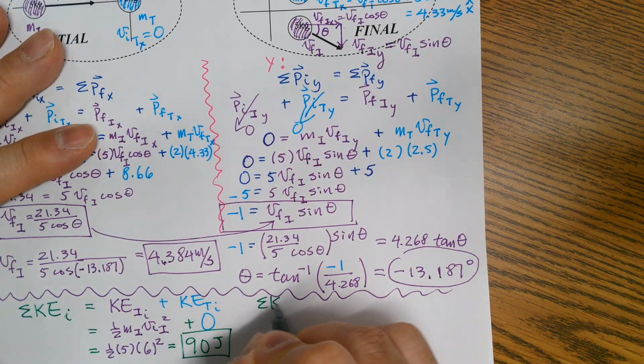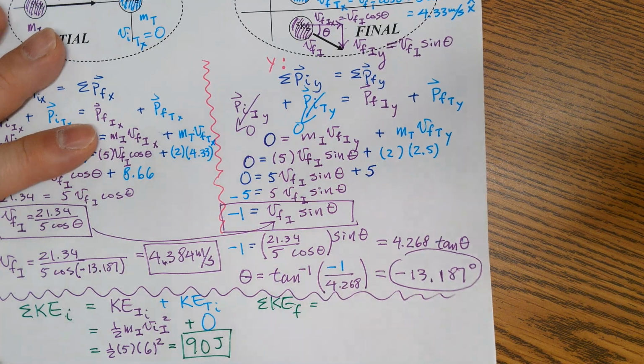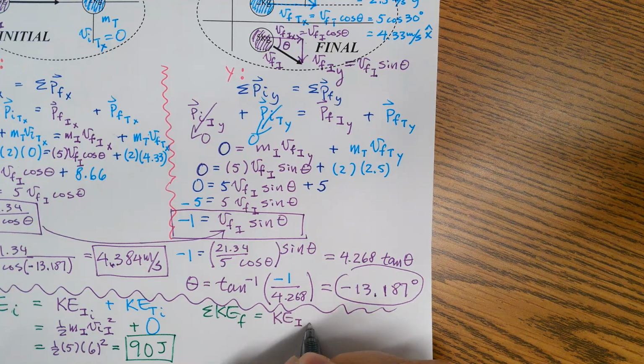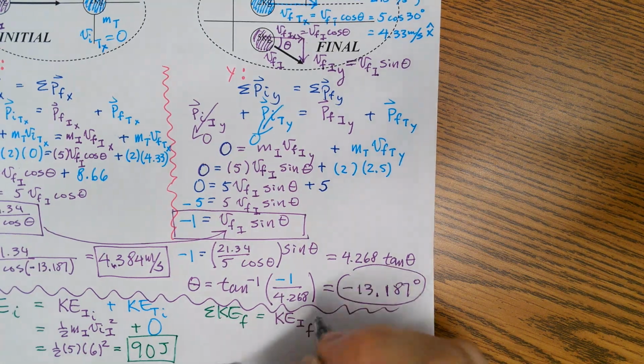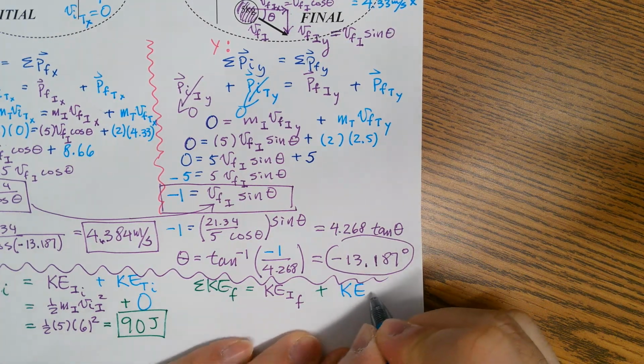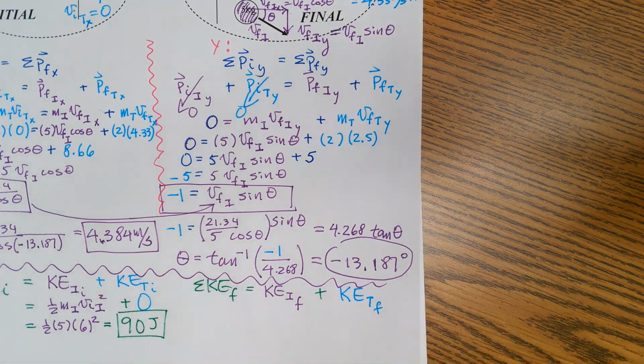The sum of all kinetic energy final is equal to the kinetic energy of the incident ball final plus the kinetic energy of the target ball final.